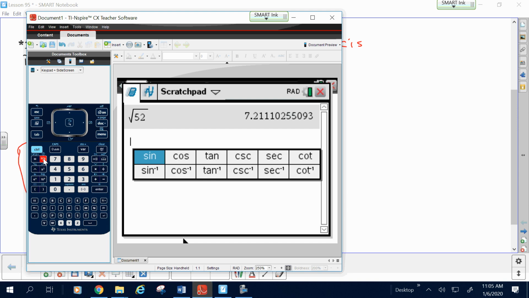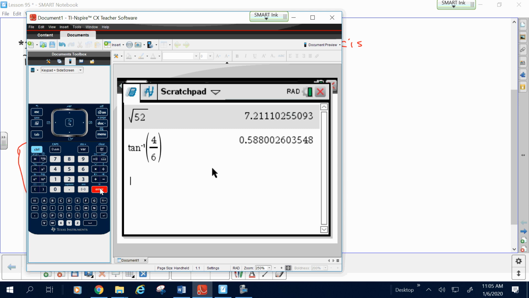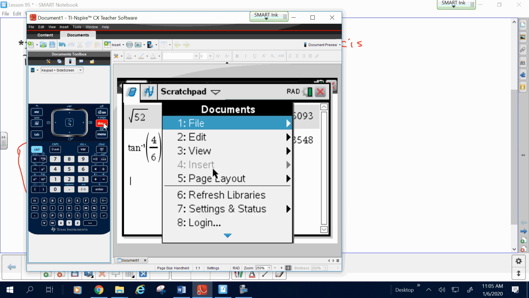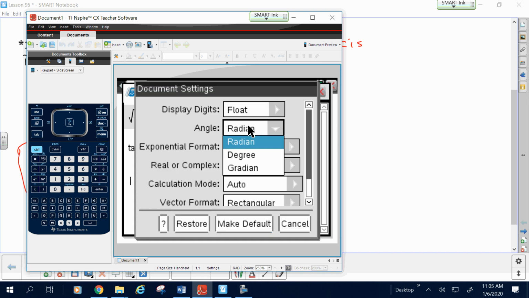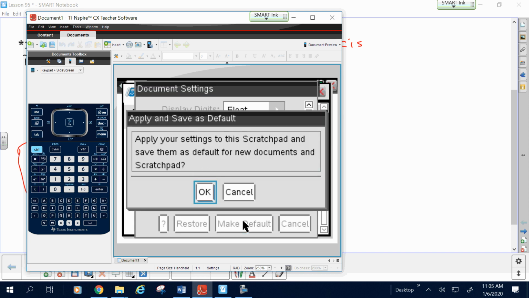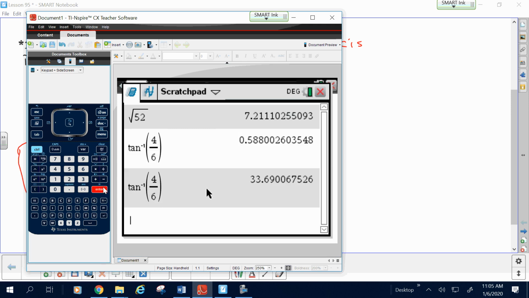Inverse tangent of 4 over 6 is, I'm in radians. Okay, so I'm going to try that again. Did you get 33.690? Okay, cool.